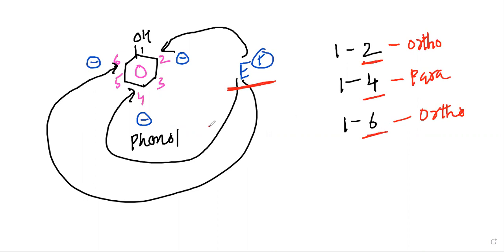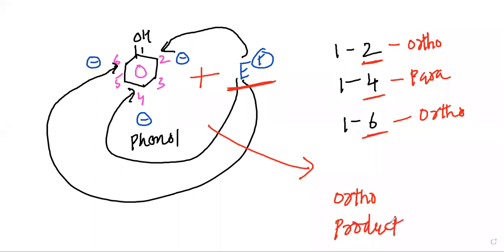Thus the product that we get by the electrophilic substitution reaction of phenol is going to be either the ortho product or, my dear students, the para product.